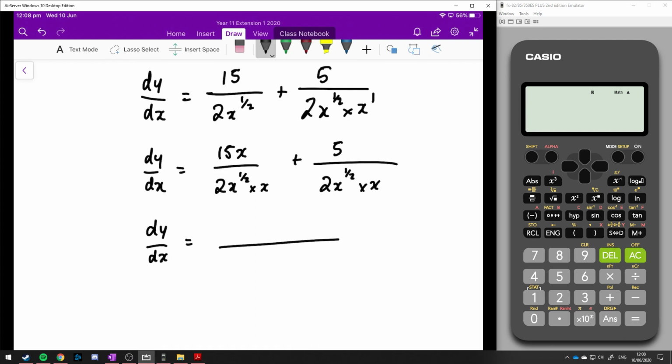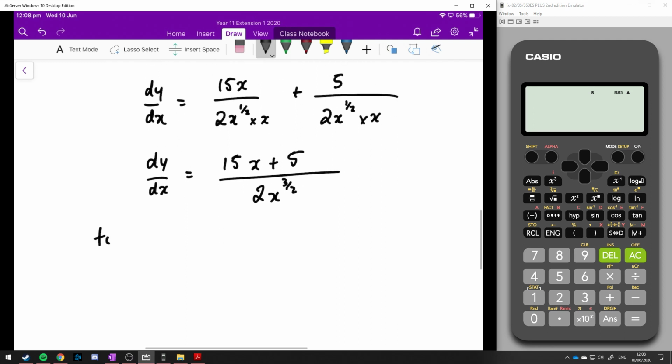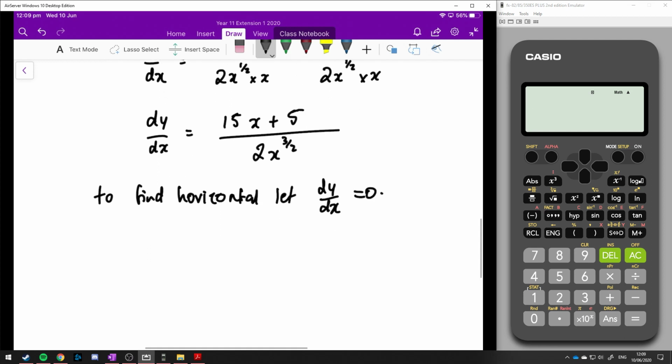They're both going to be 2x to the 3 on 2, and on top we're going to have 15x plus 5. Okay, so just like before, to find the horizontal tangent, we're going to let dy/dx be equal to 0. So we can rewrite this as 0 is equal to 15x plus 5 over 2x to the 3 on 2. It doesn't really matter in this case.